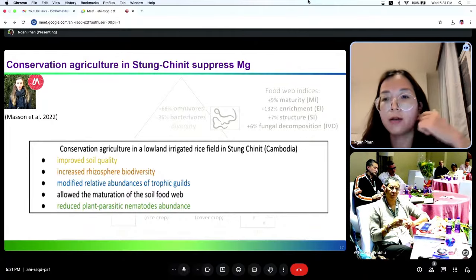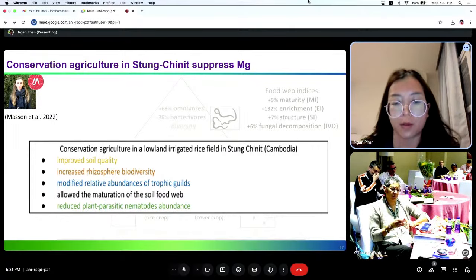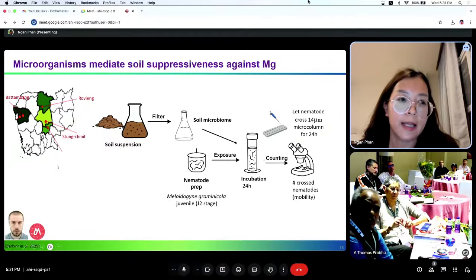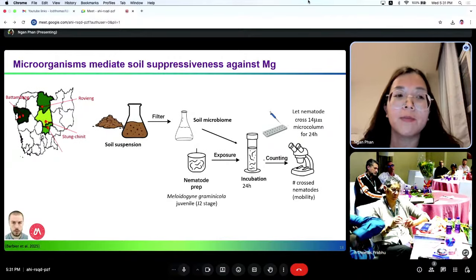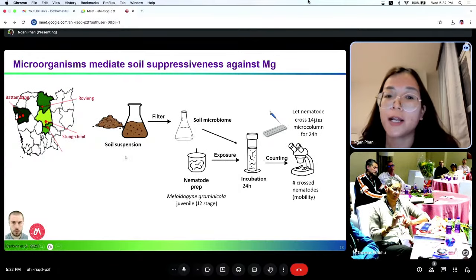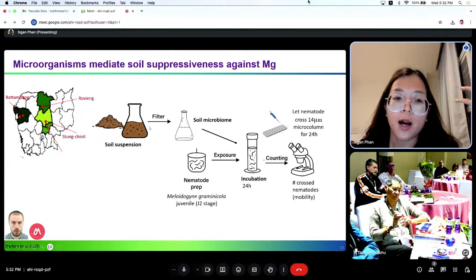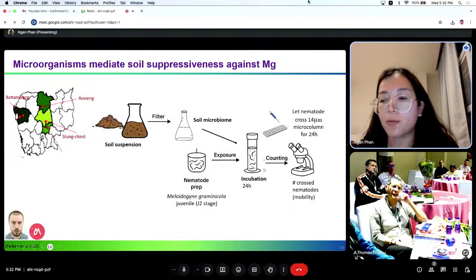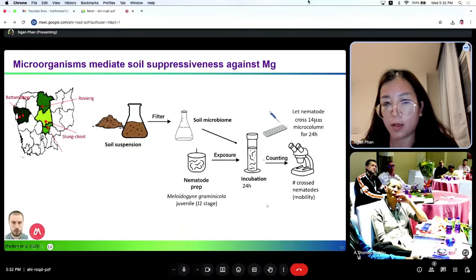And to test if it is the microorganisms that mediate the soil suppressiveness against the rice parasitic nematodes, we incubated the soil microbiome with the Meloidogyne graminicola, and we assessed the nematode mobility.